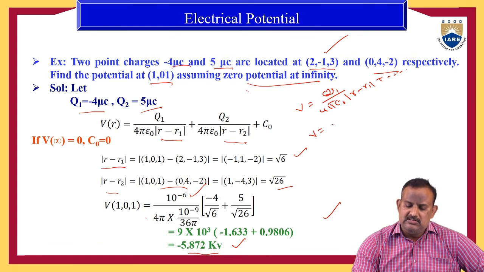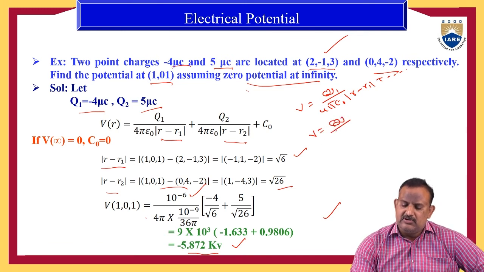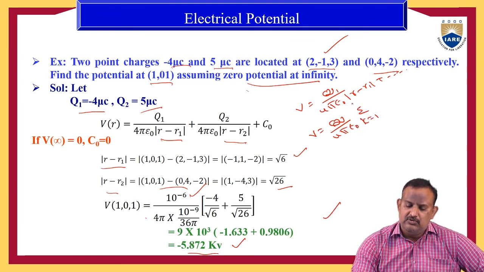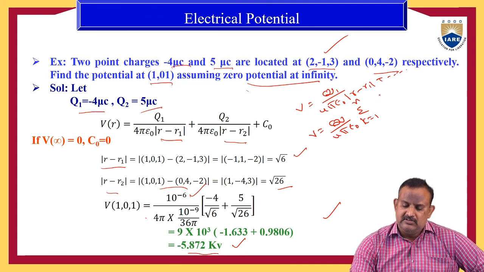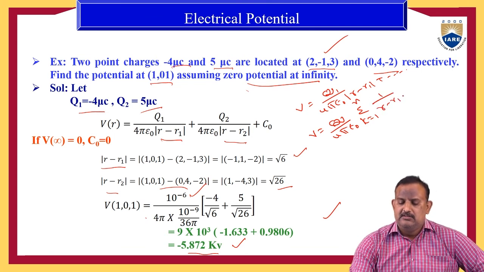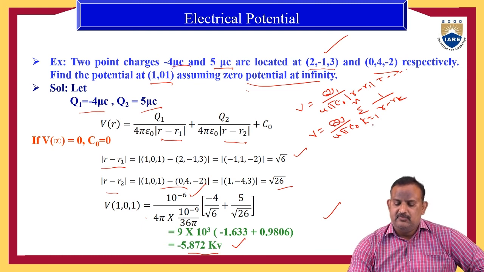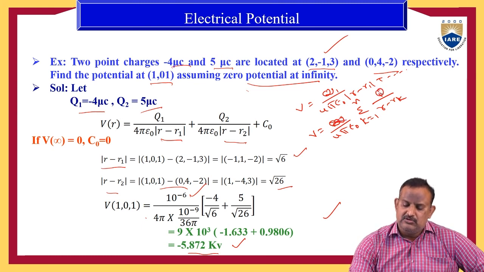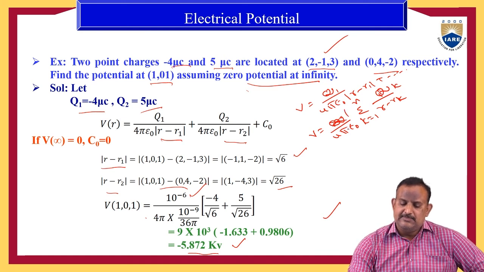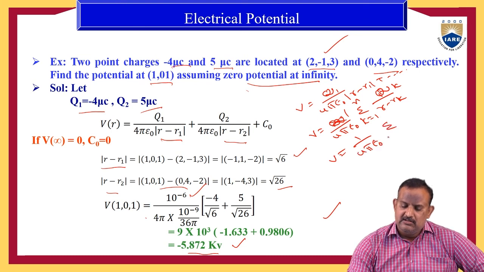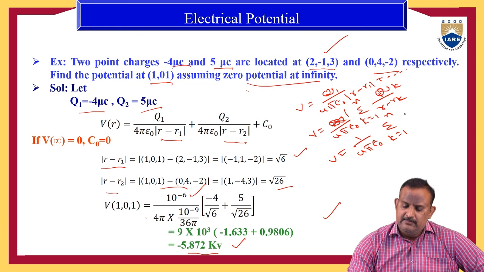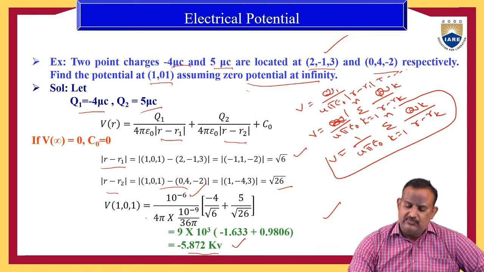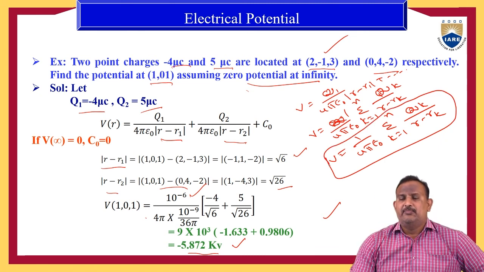Or in a general manner, we can write the potential V is equal to 1 by 4 pi epsilon naught into sigma K is equal to 1 to N, QK by modulus of R minus RK. So it is a general expression to find out the potential due to n number of points.